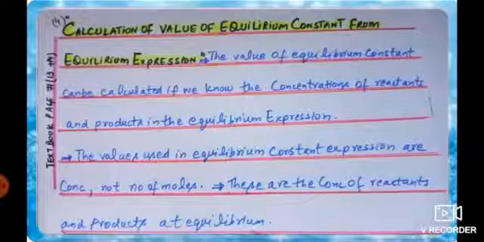The values used in the expression are concentration terms, not number of moles, because concentration, as you already know from previous courses, is the number of moles per dm cube. So these are the concentrations of reactants and products at equilibrium.